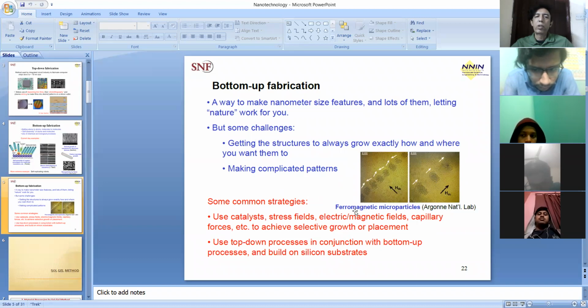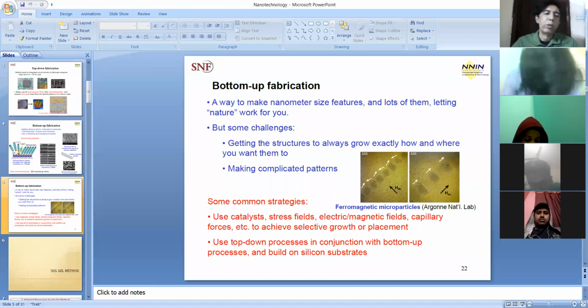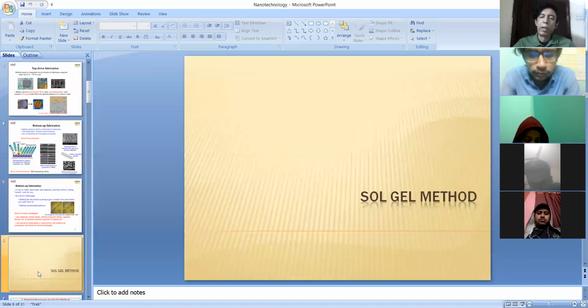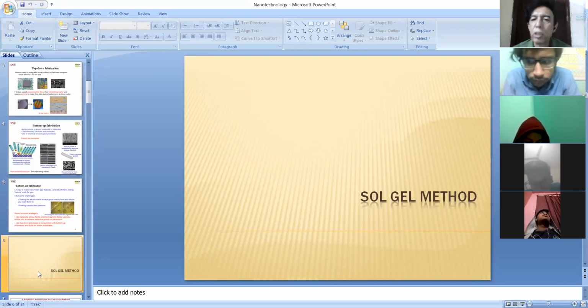There are many ways to make a bottom-up fabrication. Now we'll see the first method, which is very popular. It is known as the sol gel method, a method of making nanoparticles.